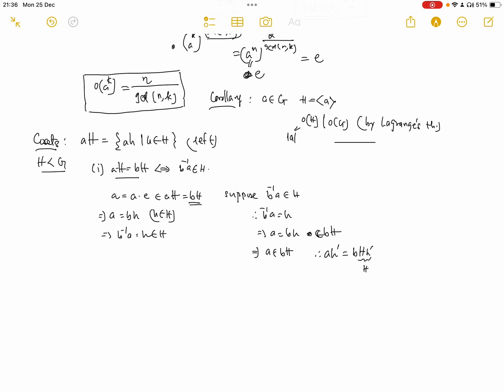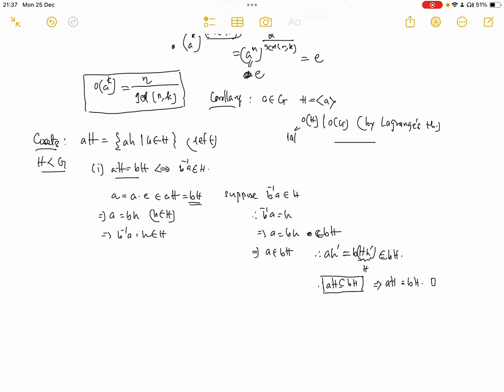But that is again in H, because we are not doing anything but taking an element of H and multiplying it with the set itself. So you get this is in BH, right? And also we know that both of them must have the same cardinality. So you get that this is the same as this.